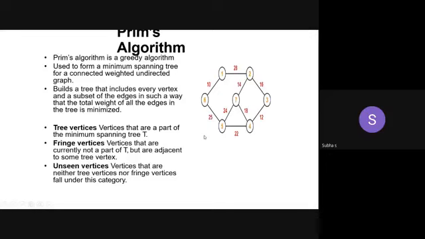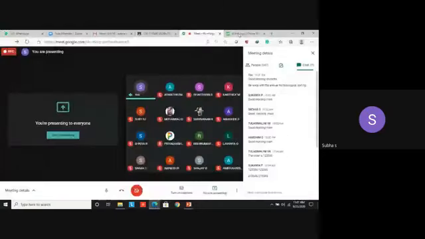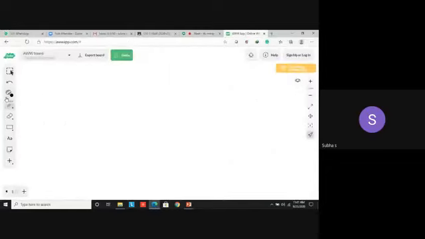You can copy this graph in your notebook. Then we will solve it. I'll again draw, no need to worry.